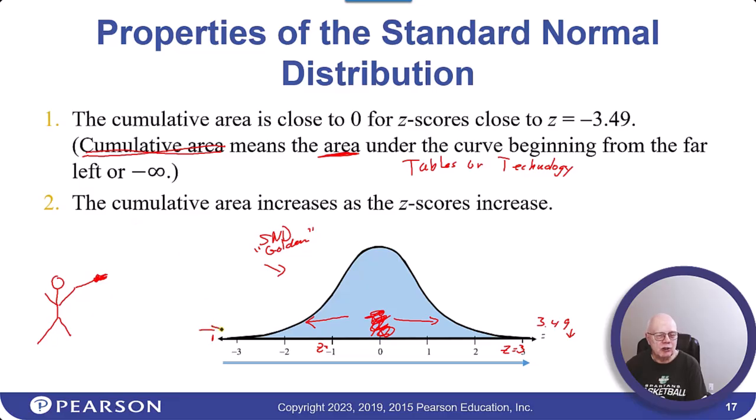The calculator or table or whatever you use starts way out here to the left. So if you're talking about the cumulative area for a z of -1, that means everything up until that particular point, starting out at the far left, a million miles, one mile, whatever you want to think of it, and going until you get to the stopping point you're talking about.